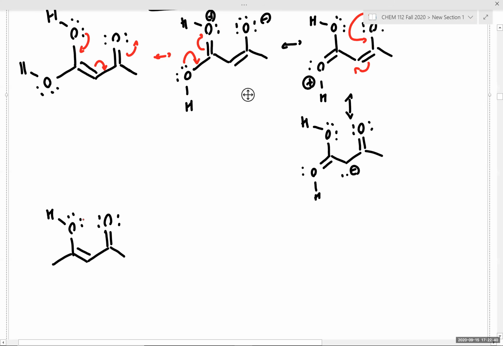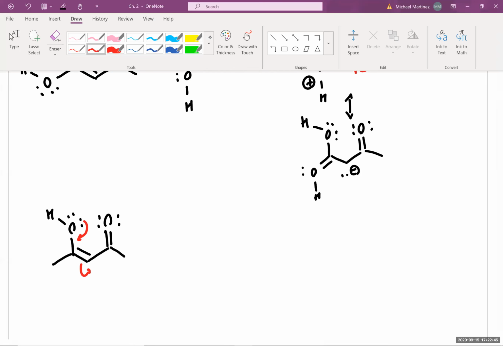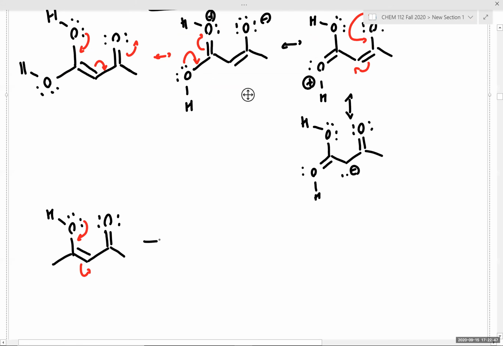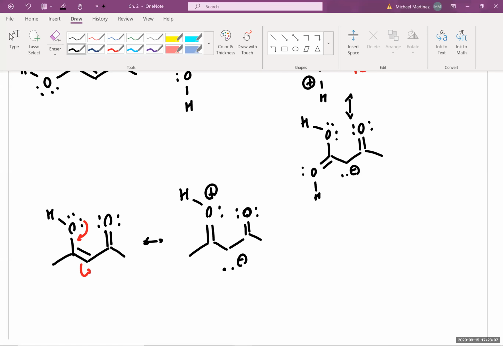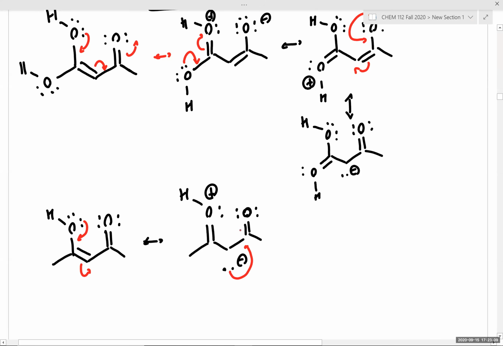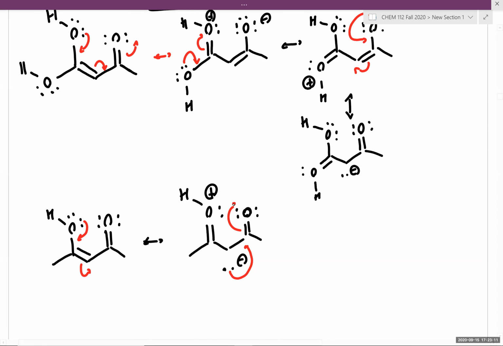So this structure has far fewer possible resonance structures because there are far fewer atoms conjugated to our pi system. Okay, so we have our first resonance structure, and we can continue moving our electron density to generate our second resonance structure.